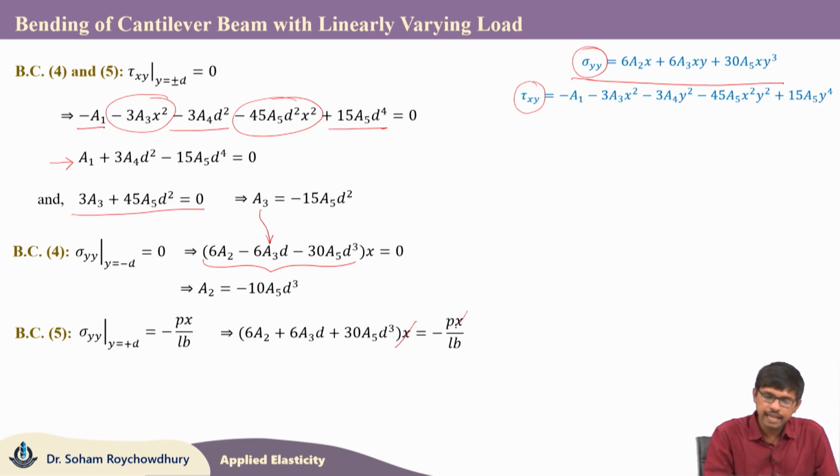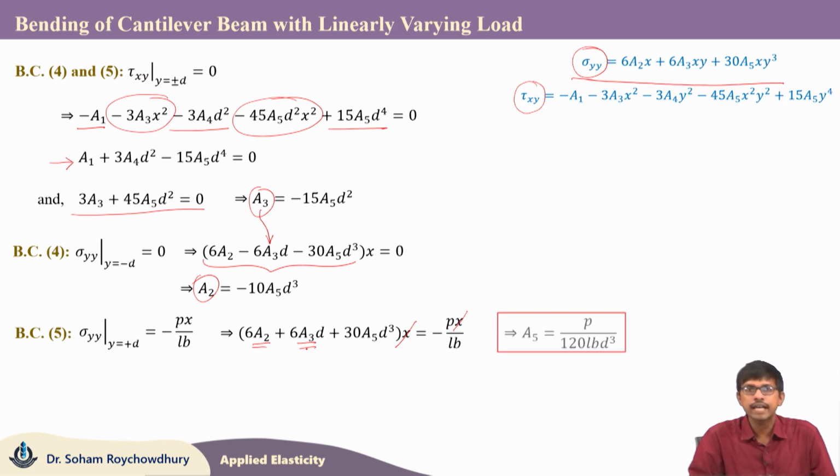Here we can cancel x from both sides. a3 and a2 are both known in terms of a5, so we can replace them, and this equation gives us the expression of a5 directly in terms of p as a5 equals p divided by 120 lb d cube.